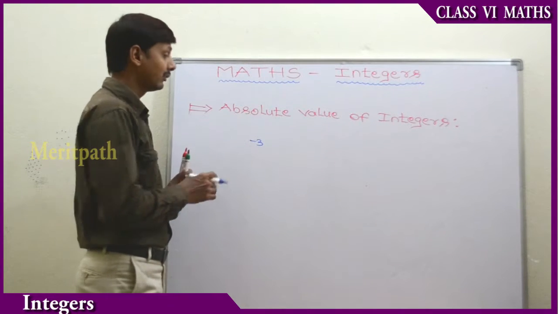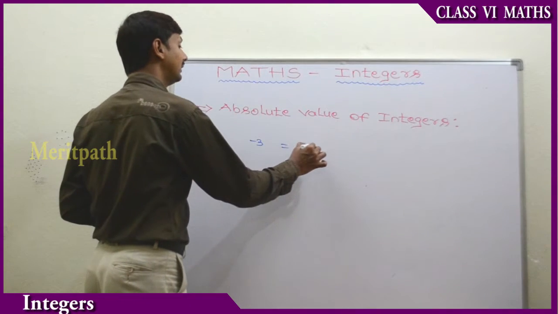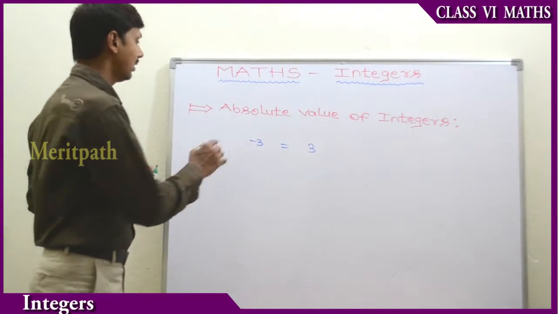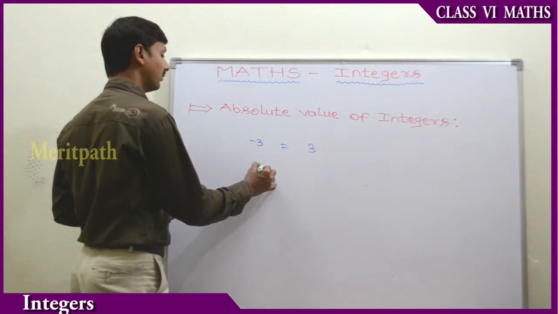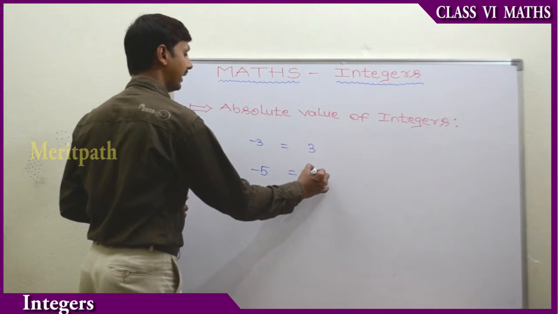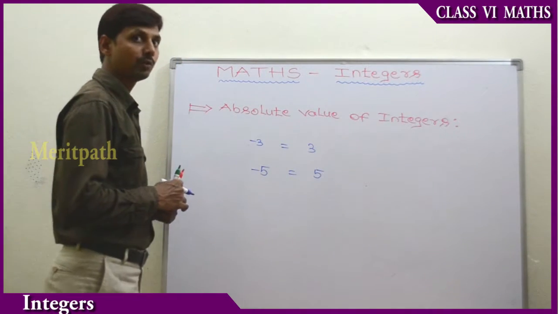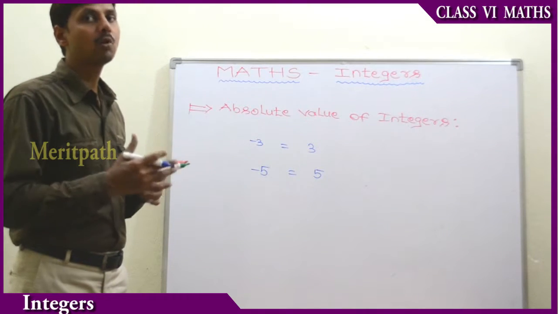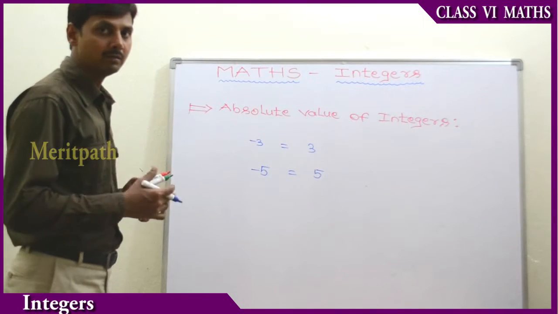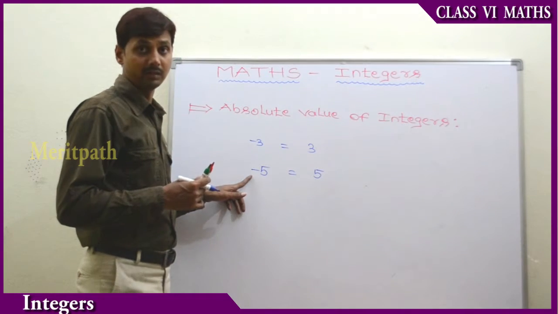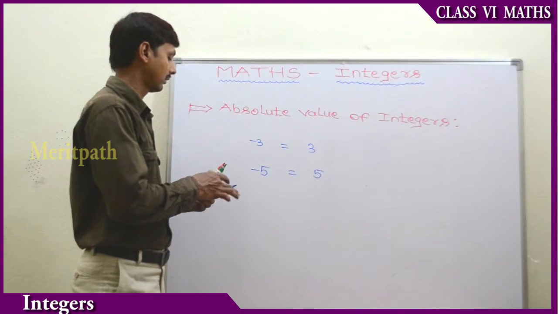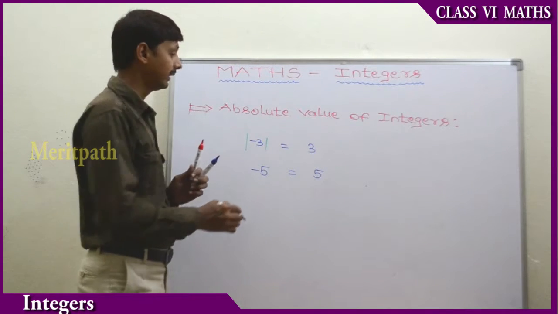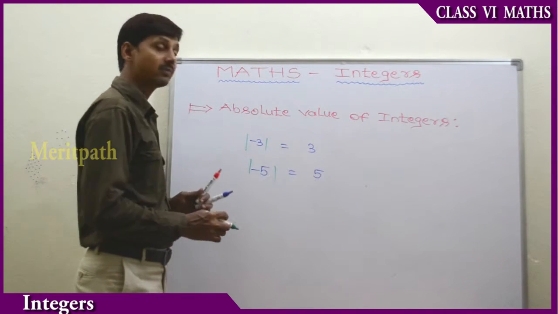If we find the magnitude of minus 3, it is only 3 because we will not consider the sign. If we take the magnitude of minus 5, it is 5 only. So magnitude is nothing but the numerical value of the number, excluding the sign. So the absolute value of minus 3 is plus 3 and the absolute value of minus 5 is plus 5.